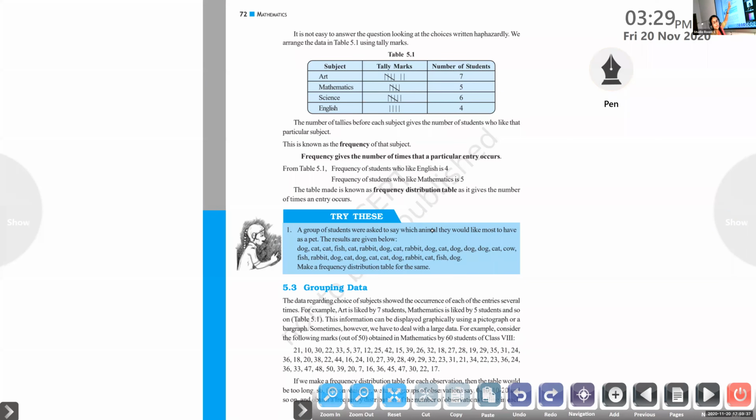So frequency shows the number of times a particular item repeats. Here 6 students like science, 4 students like English, which means 7, 5, 6, 4 are the frequencies of the subjects art, math, science, and English.